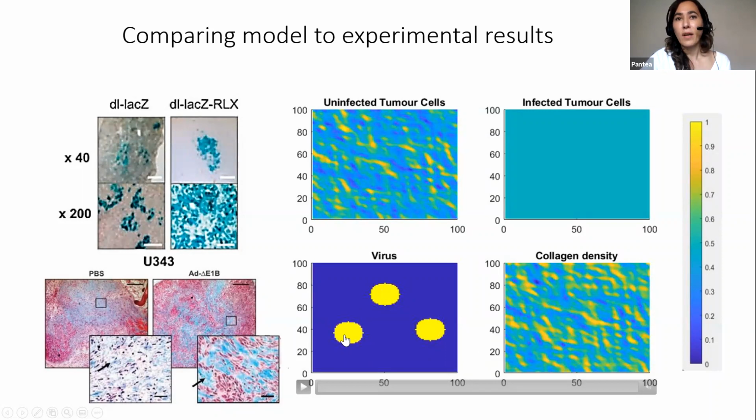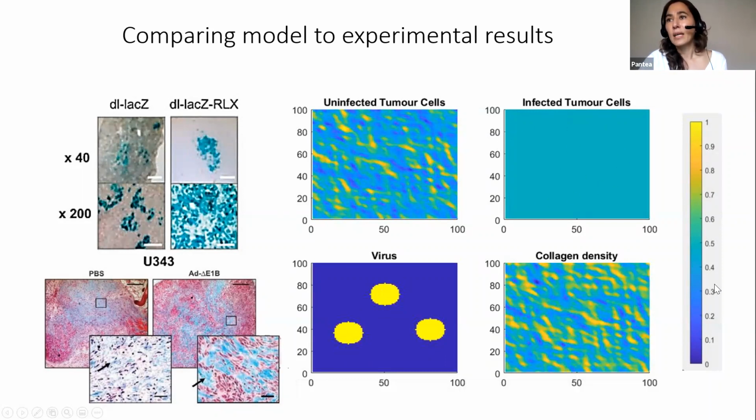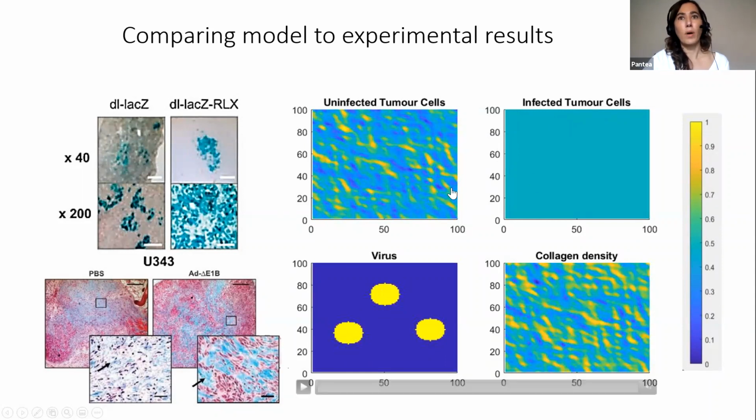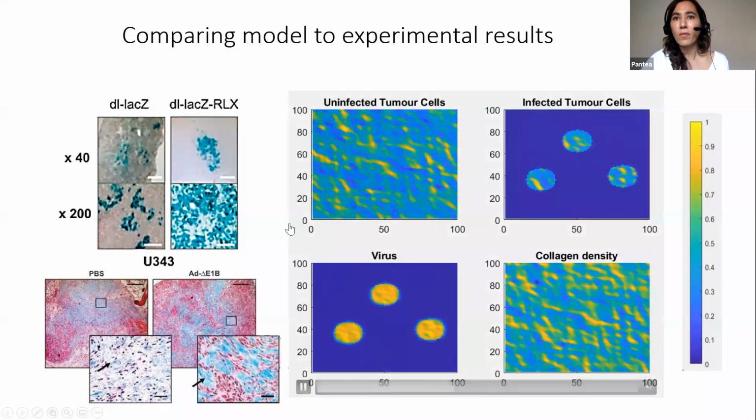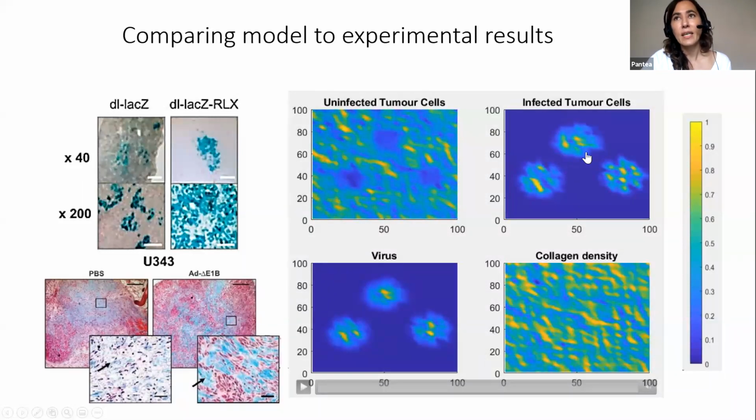Now we inject the virus into 3 locations, again mimicking what the experiment has done, and to begin with we have no infected tumor cells. The densities go from 0 to highest up here at 1. So if I just quickly run this to give us the idea of what it's going to look like, we can see that we're getting these infections very similar to what you would see in this scenario here.